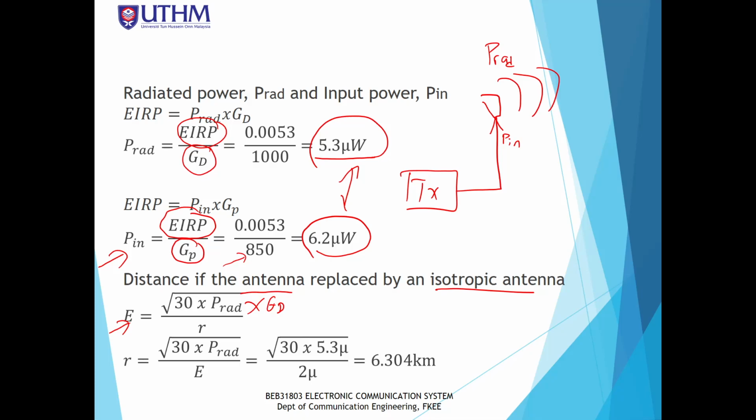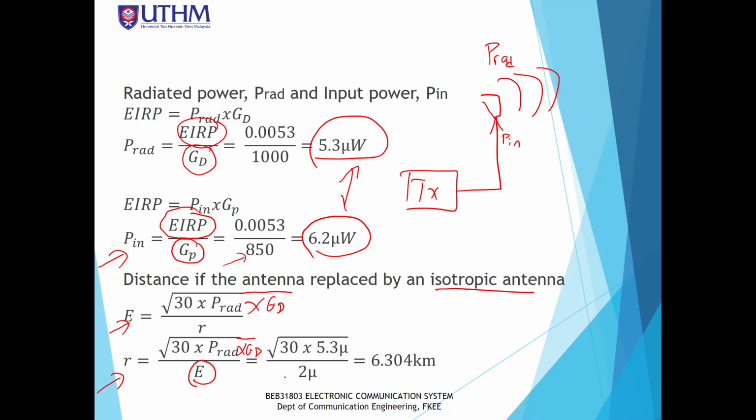So therefore, the distance is equal to square root of 30 times P radiations multiplied with GD, GD is equal to 1 for the isotropic antenna, divided by the E field, electric field. So we want to see if we get the same amount of E field, berapakah jaraknya?